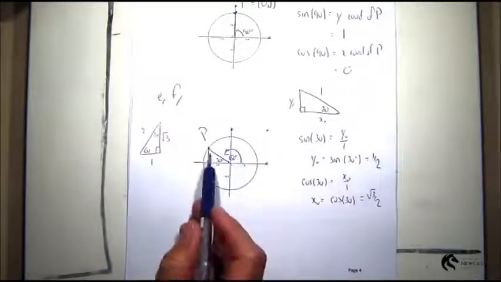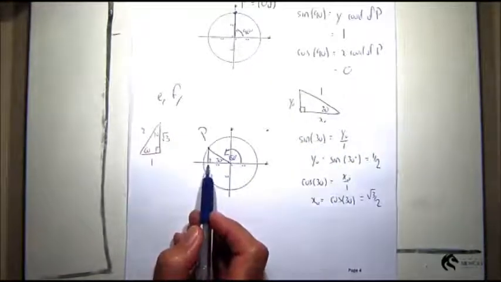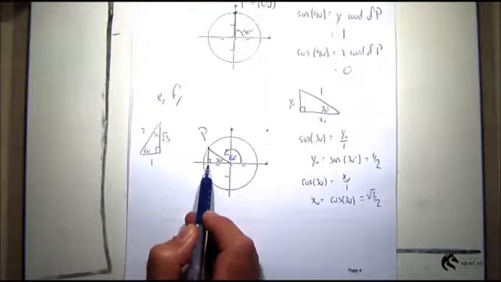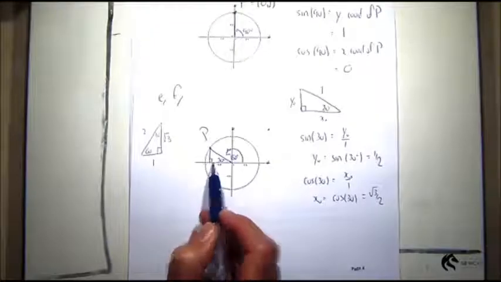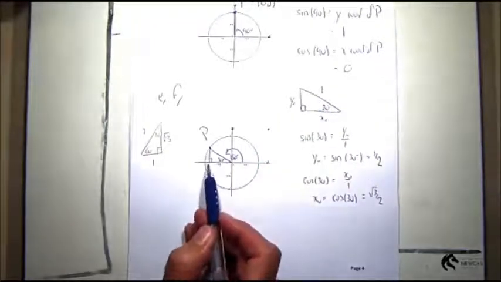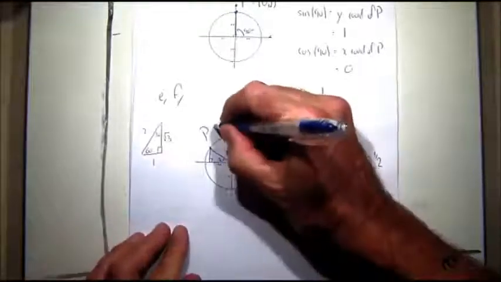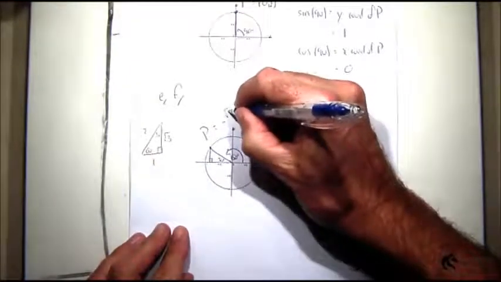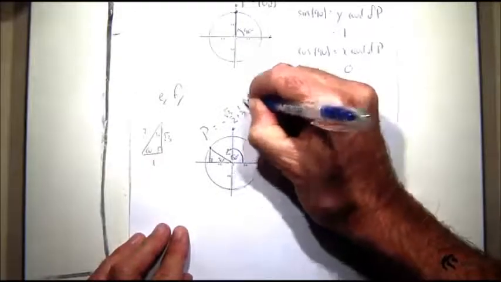So the x-coordinate of P is minus the square root of 3 on 2, because I've got a negative x-coordinate. I've worked out the length just using this triangle here, but I know this is the x-coordinate. So the coordinates of P are minus the square root of 3 on 2, a half.